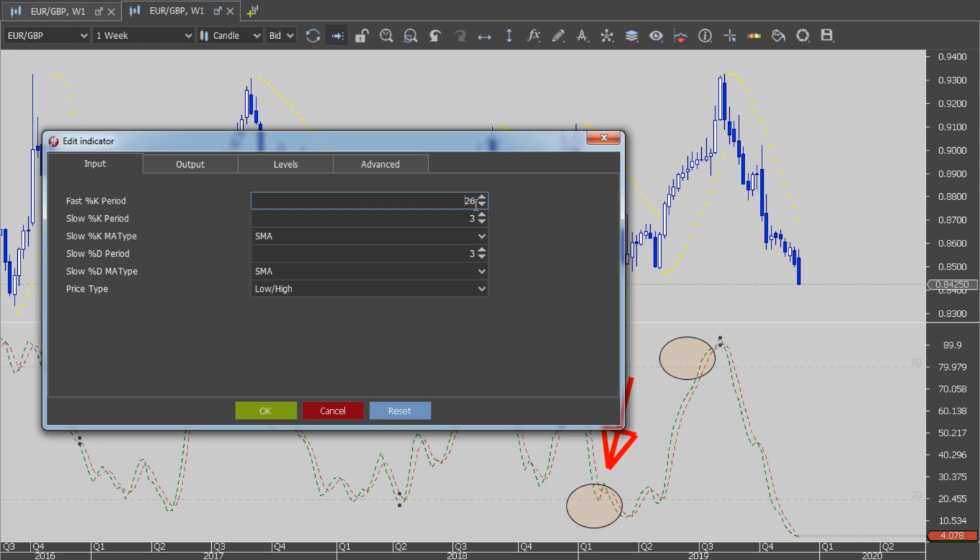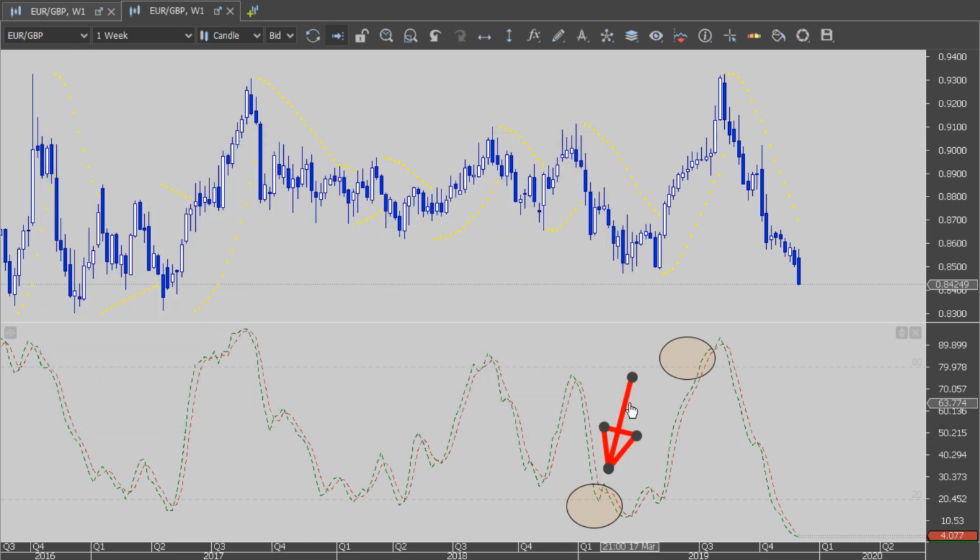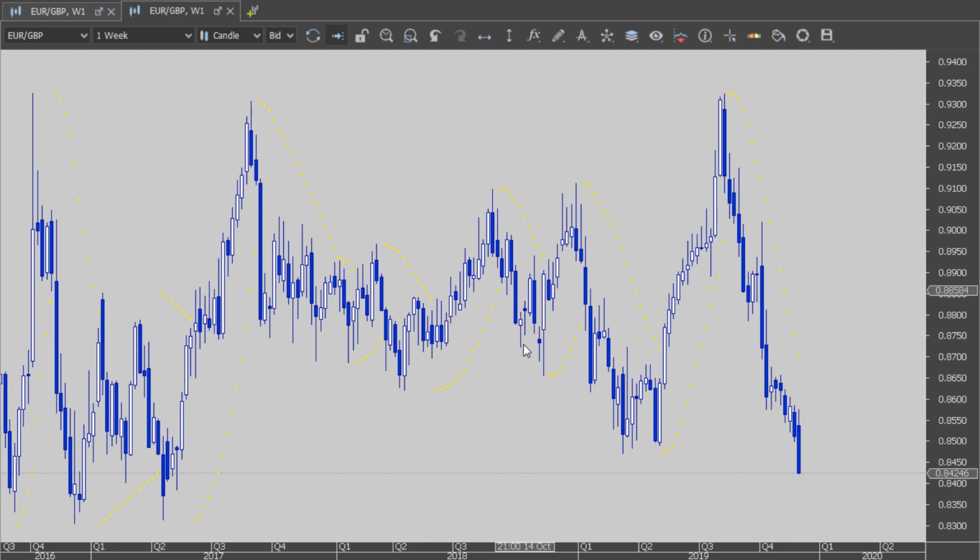Now, if I'm going to leave 26, the fast period, now I would be safe in here, because the red line didn't go into the oversold zone, right? So I don't know, maybe this is the best parameter for the Stochastic? I don't know. Okay, I'm going to delete this.